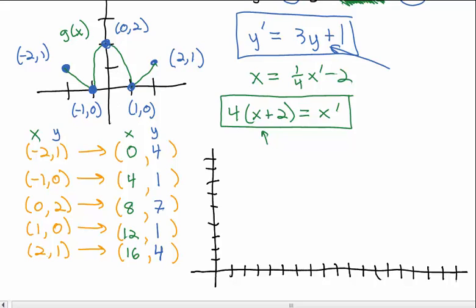So we start plotting our points, 0, 4, 4, 1, 8, 7, 12, 1, and 16, 4.